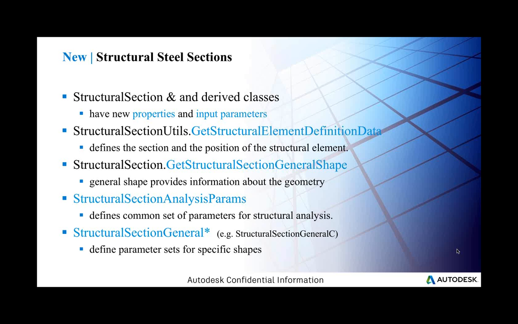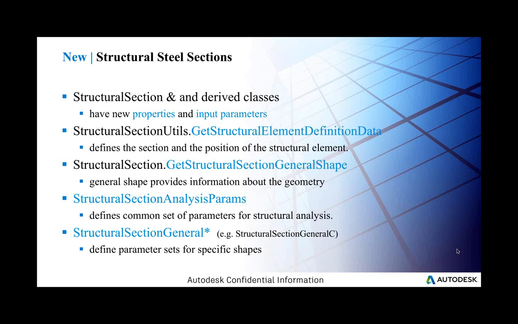And in the past, these elements were often defined by families, and there was no clear convention on how to encode the parameters or the dimensions that drive these steel sections. So now we've identified a list of different shapes for these steel sections and parameters that they must have.